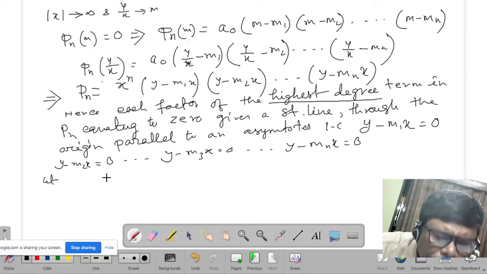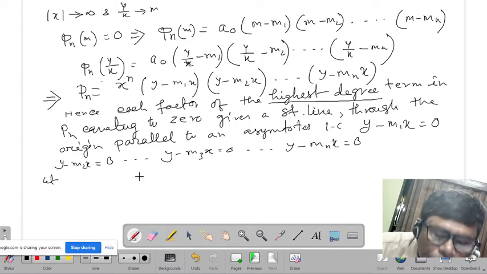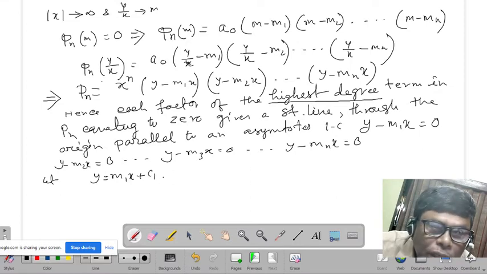Understood? But our asymptotes may not pass through the origin, so let y is equal to m1x plus c1 be our asymptotes to the curve.